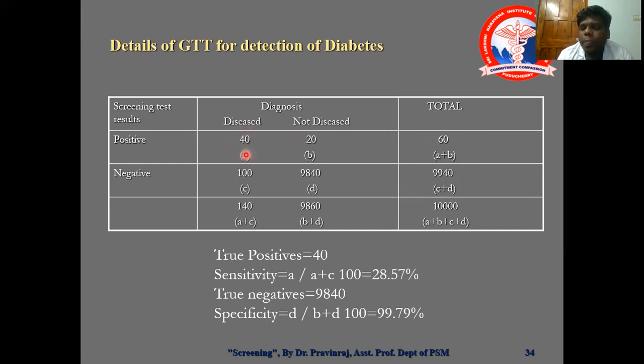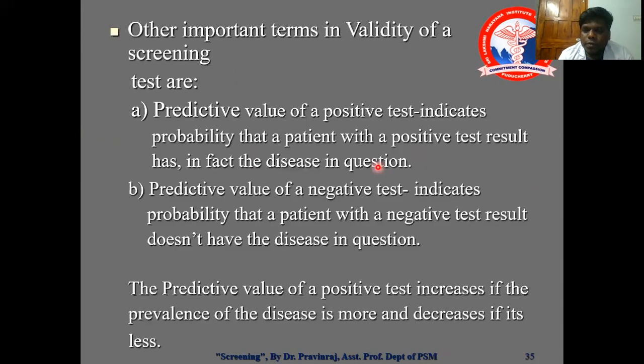So positive predictive value is the ability of the test to pick actual positive cases from its own positive results. Here it is given: the predictive value of a positive test indicates the probability that a patient with a positive test result has, in fact, the disease in question.